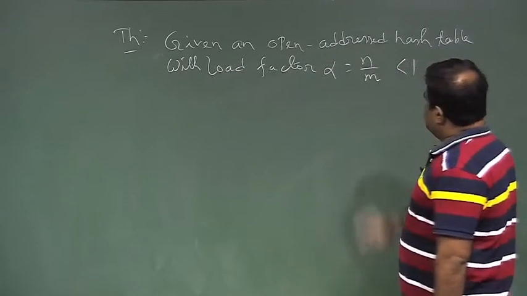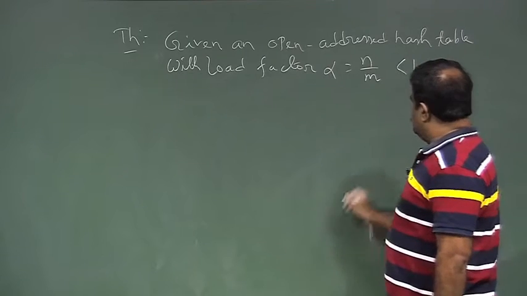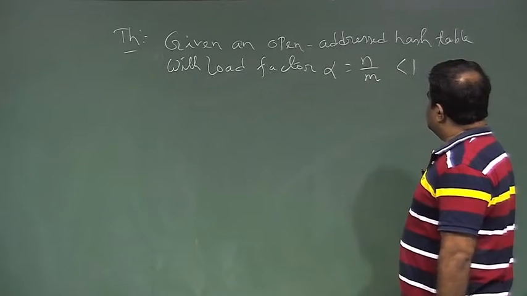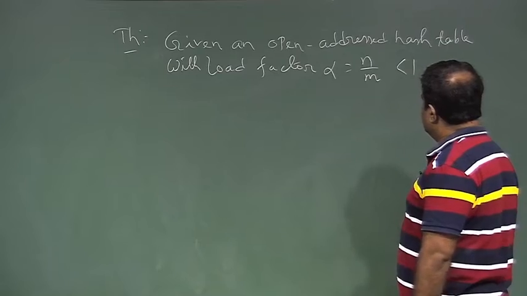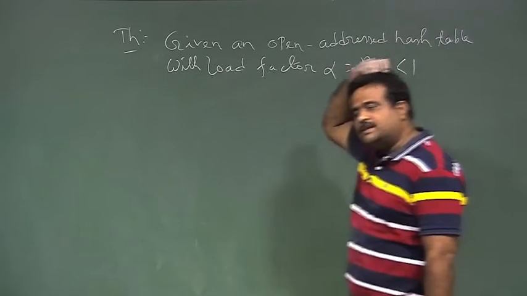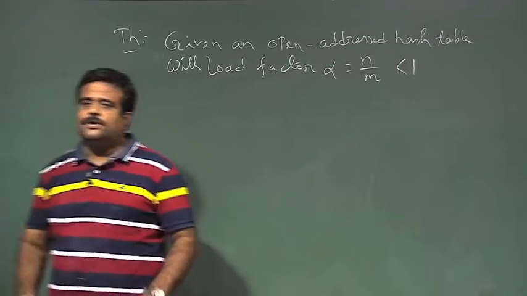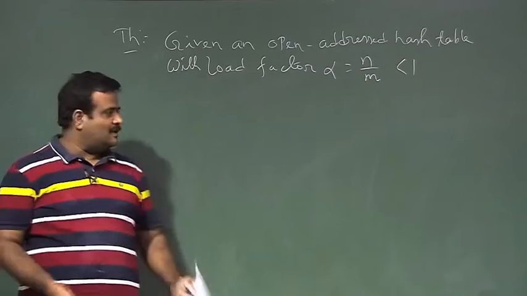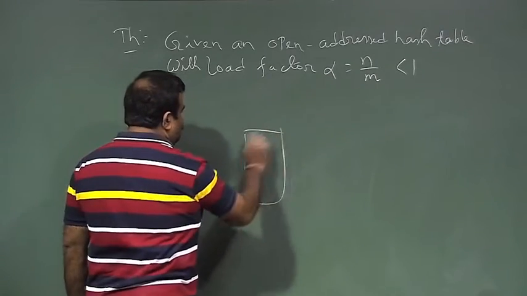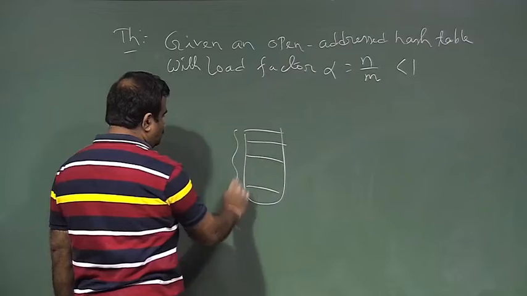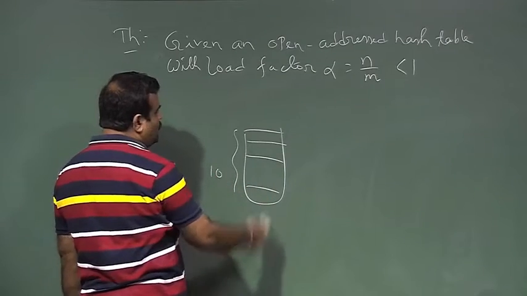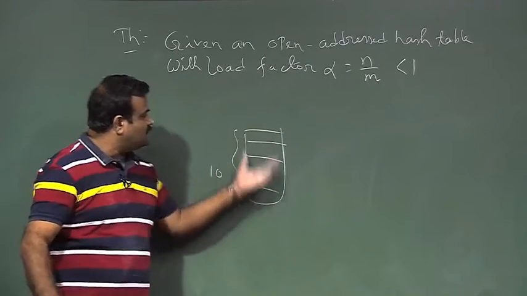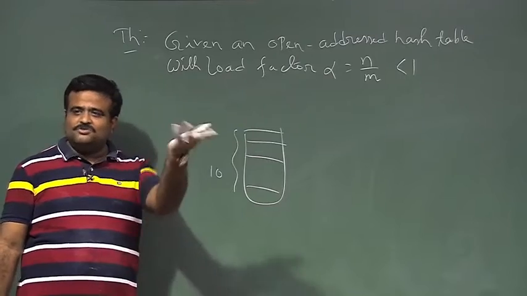Why is it less than 1? Because if there are n keys and m slots, and the number of keys is more than the number of slots, then there is no way we can fit the keys. If there are 10 slots and 20 keys, then we cannot fit 20 keys in 10 slots; we would need extra storage.